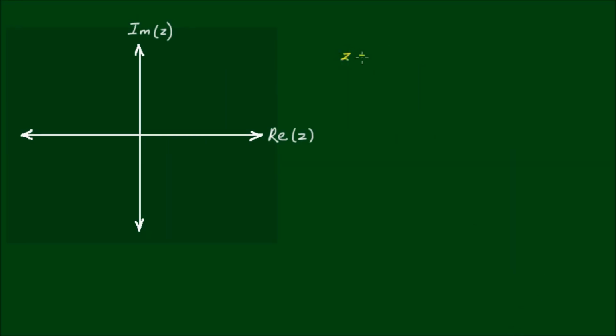Alright, let's do an example. Let's write z equal to the square root of 3 minus i in modulus argument form. So if the square root of 3 is approximately here on the real axis, and negative 1 is here on the imaginary axis, then z would be located at the intersection of these values.